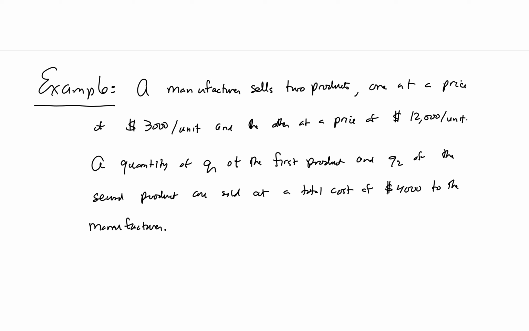The manufacturer sells Q1 of the first product and Q2 of the second product, and the total cost to the manufacturer is $4,000.